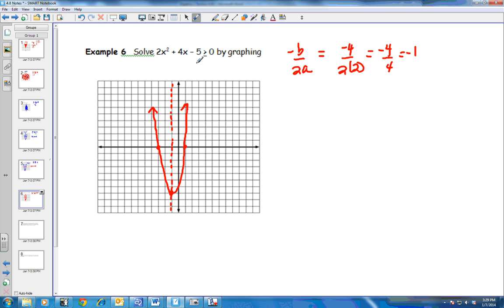This time they want to know, where is this graph greater than 0? So they want to know, where's my graph above the x-axis? Well, do you see that it's above the x-axis from here on? So from here all the way, all these numbers, it's going to be greater than. And from here on, all those numbers are above the x-axis. Okay, so here's how I would write that.